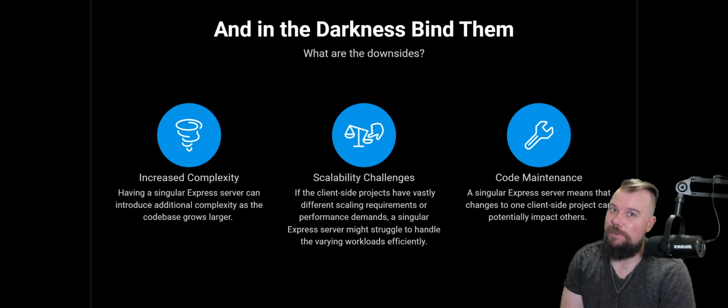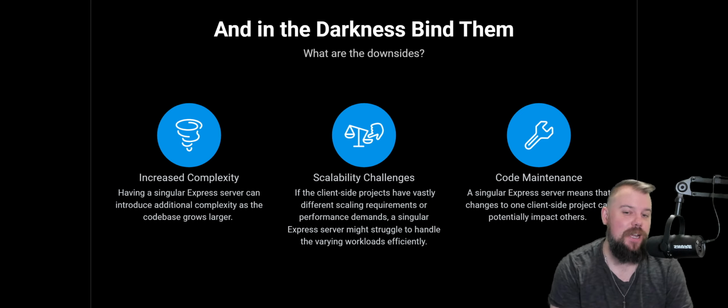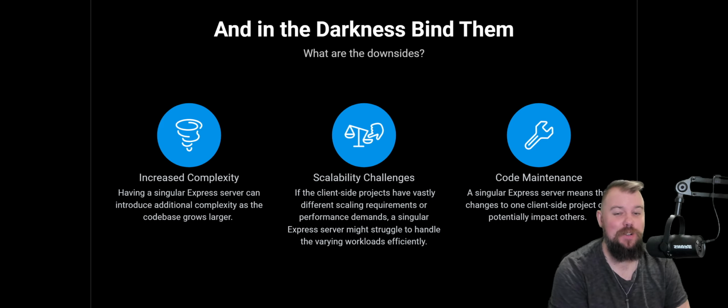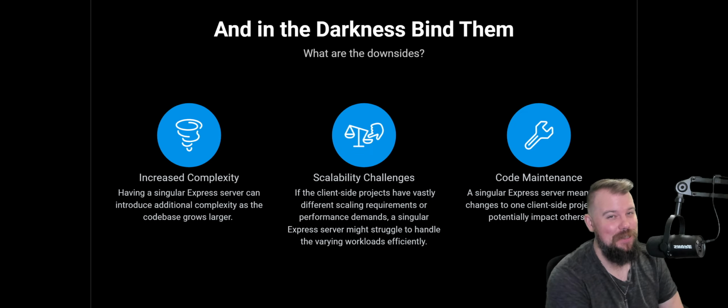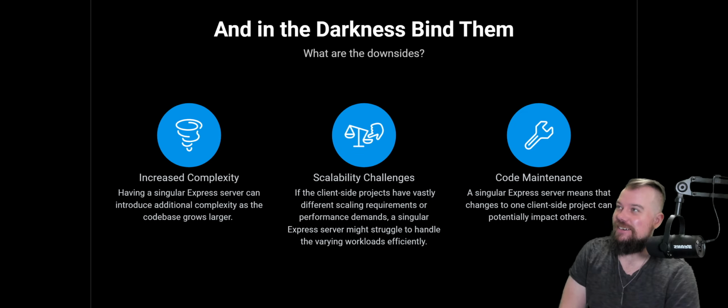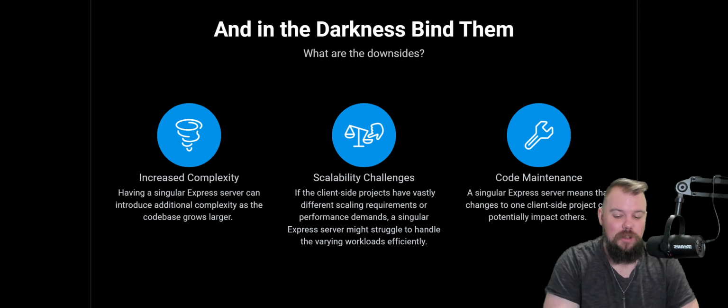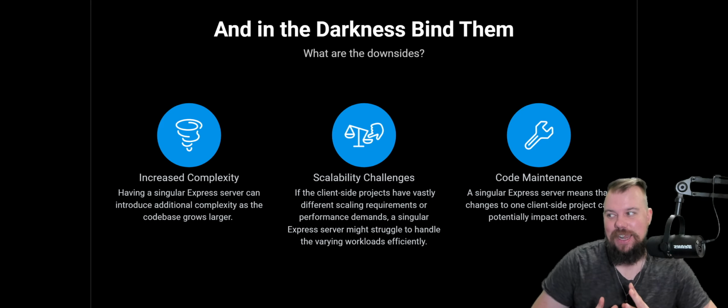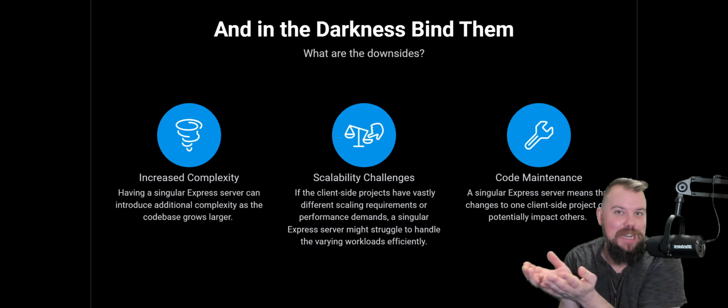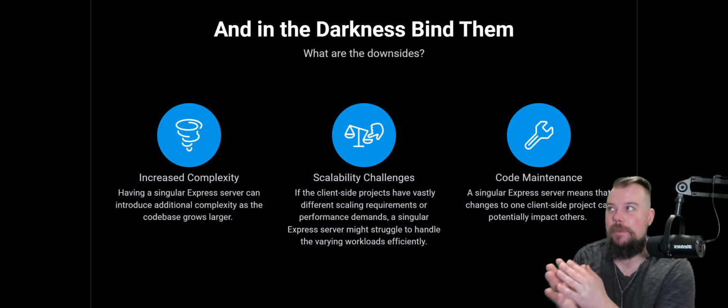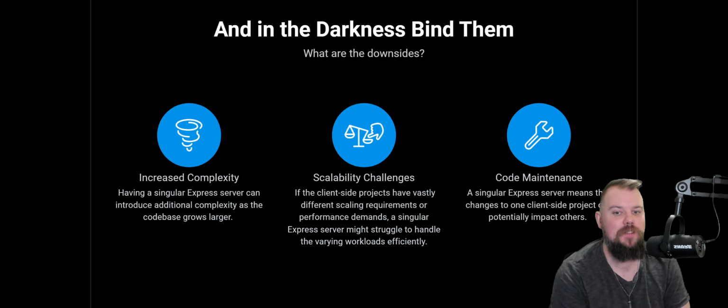Then you're going to have some scalability issues, obviously. If the client-side projects all have vastly different scaling requirements or performance demands, a singular Express server might struggle to handle the varying workloads efficiently. For the way I'm coding this, it's like a personal server for all of my goofy little side projects, meaning I'm probably not going to have scalability issues, but I might have some issues where one of my websites or client apps might have some kind of WebSocket requirement that would make me code a whole bunch of extra stuff on my server that nothing else would use.